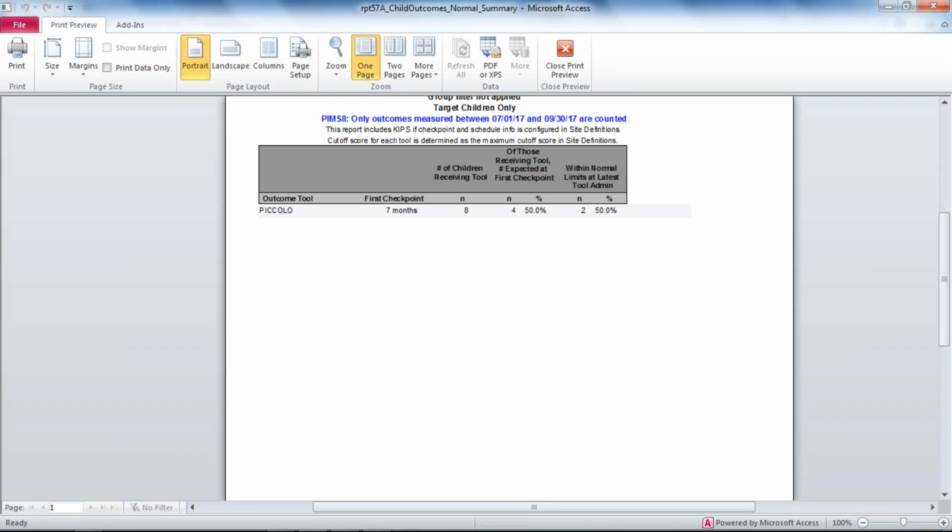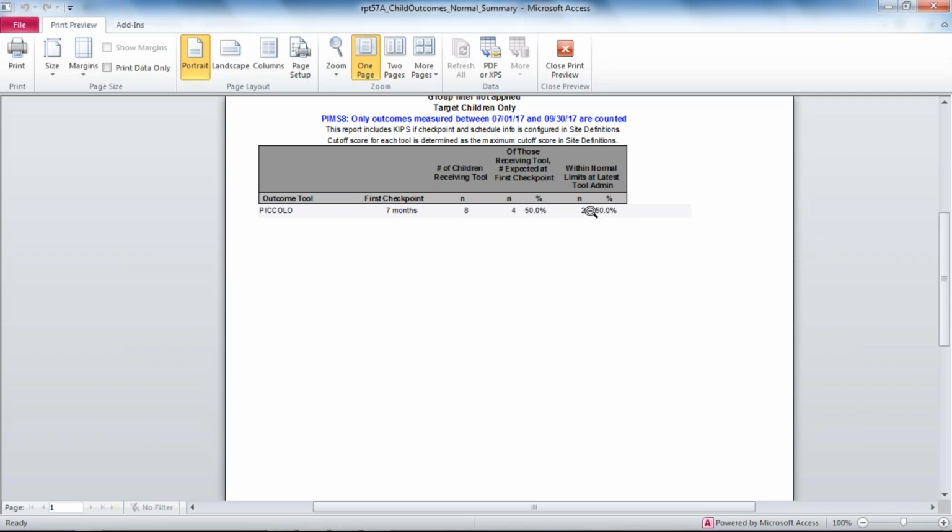Okay, so this shows that 8 children received the PICCOLO. Of those, 4 of them were old enough to be looked at at the first checkpoint, and two of those were, and actually it isn't.